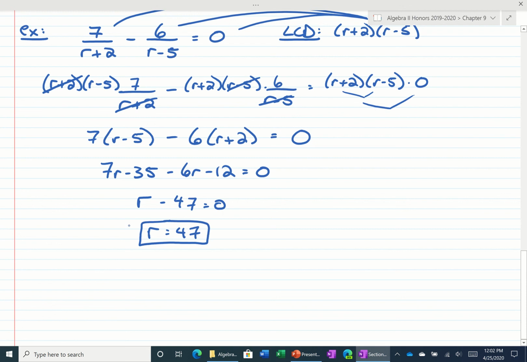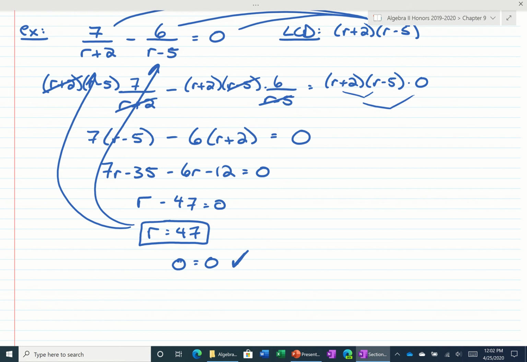If you were to plug this back in, it would work. You would get 0 is equal to 0. And just think about what could happen to give us an extraneous solution. One thing that could happen is we might get something like 5 is equal to 0. And in that case, that's an extraneous solution. Another thing that could happen is what if r is equal to negative 2?